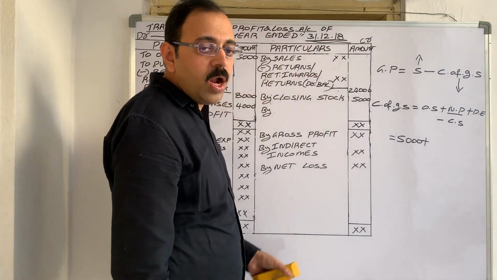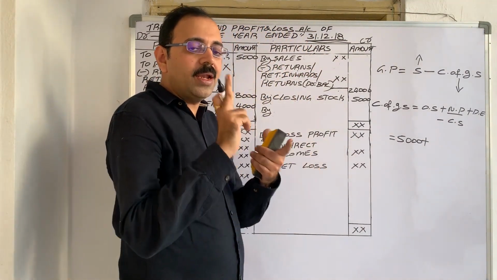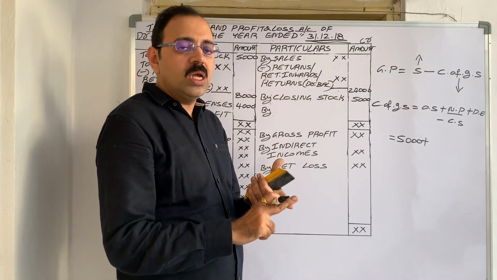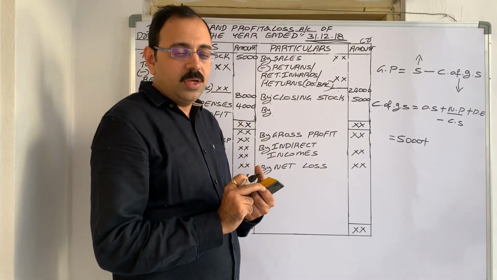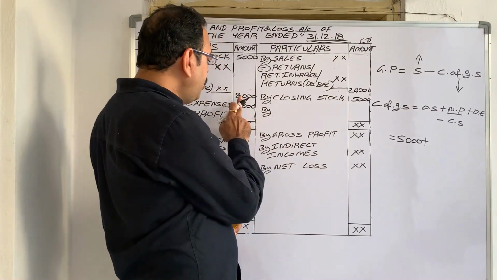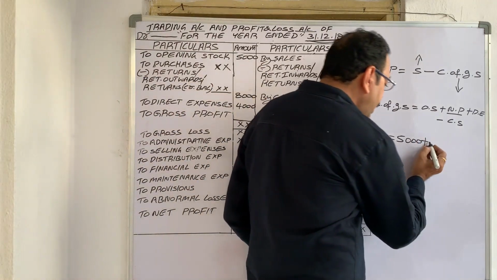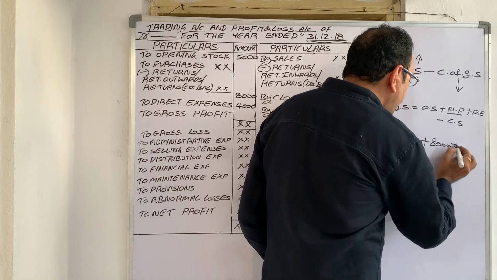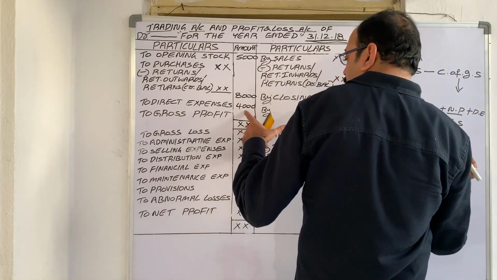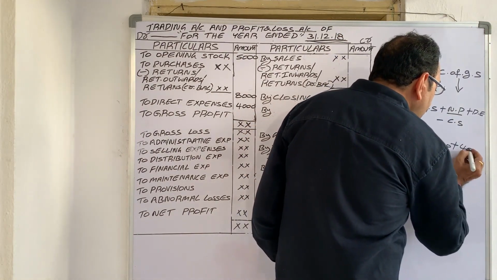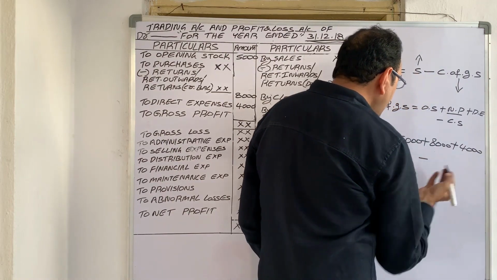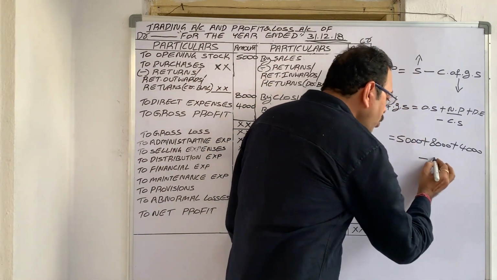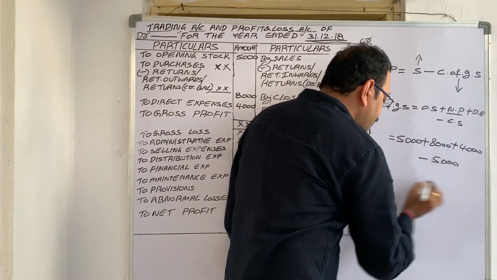Net purchase means what? Cash purchase and credit purchase of goods minus returns is called net purchases. Net purchase value is 8,000 rupees, plus direct expenses total is 4,000, minus closing stock value 5,000.